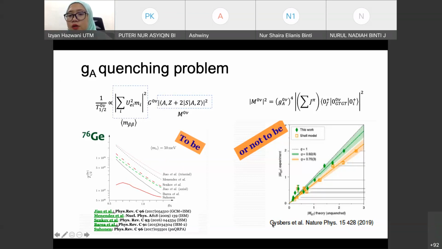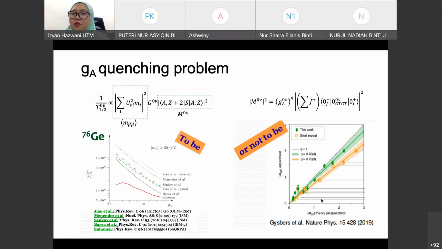However, in a Nature Physics publication in 2019, they said it was around the 10% region when using the gA value of the axial vector of around 0.9 and 0.75. It is estimated to be around 10% of the hypothesis. So they said there is no quenching.